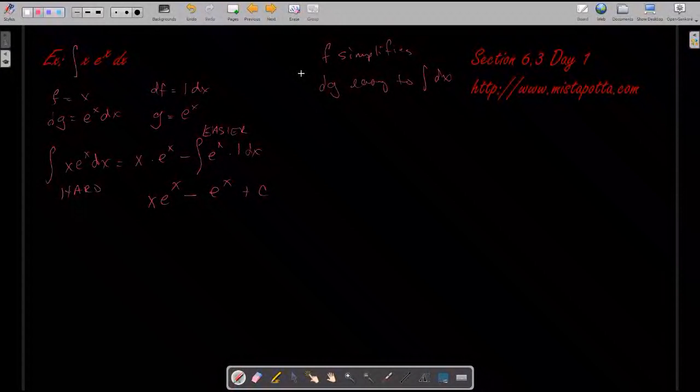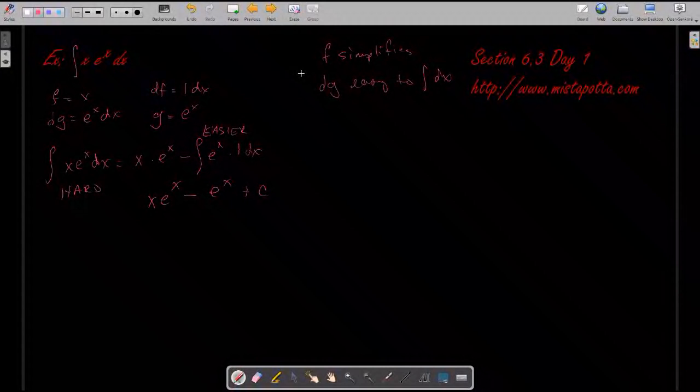I noticed that with natural log of x, it's going to be my f. I noticed that with e to the x, it's going to be my dg. I notice with the trig function, it's going to be my dg.